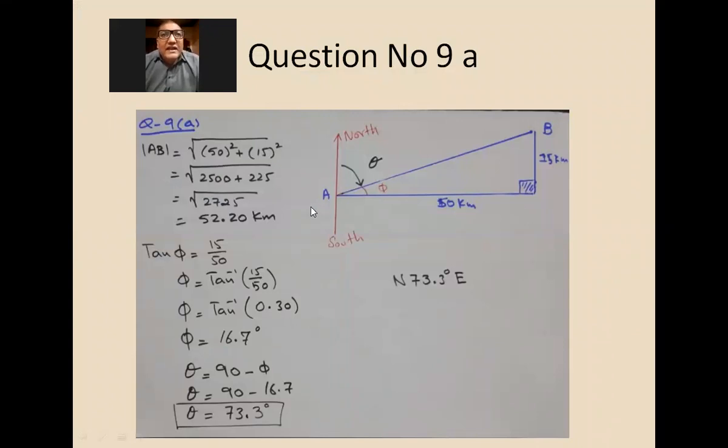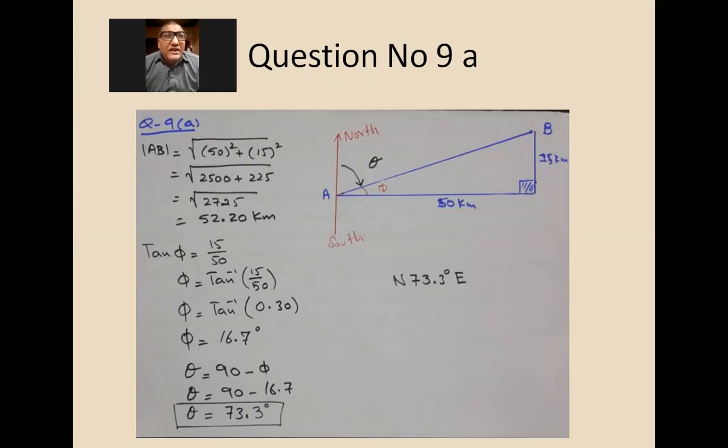This is the diagram I have drawn here. This side is 50 kilometers. This side is 15 kilometers. And I want the direct length from A to B, that's the size of the displacement. Because this is a right angle triangle, you can apply the Pythagoras theorem.